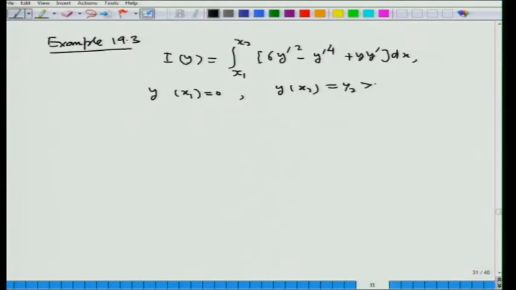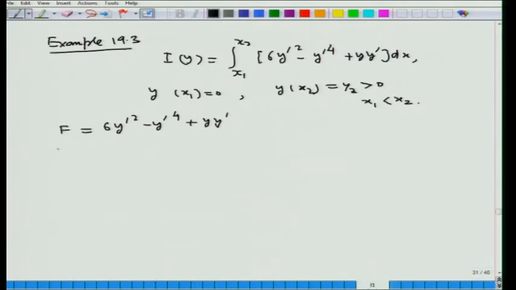Again we assume that this is positive and x2 is greater than x1, so x1 less than x2.